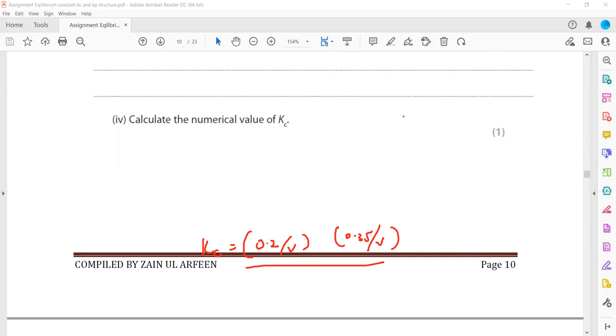That is the product divided by reactant. 0.20 divided by volume and 0.1 divided by volume. So the V will cancel. We are left with only moles, so I can directly substitute the moles. So the answer for this one is 3.5 with no unit.